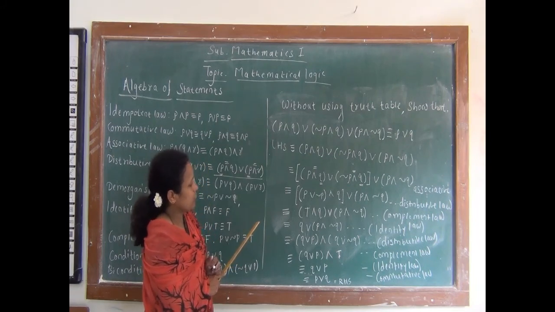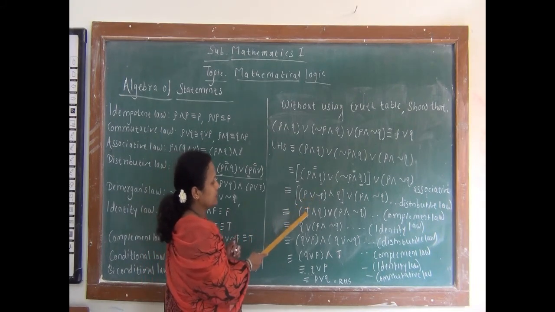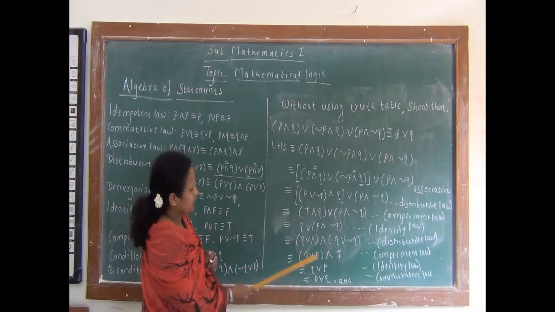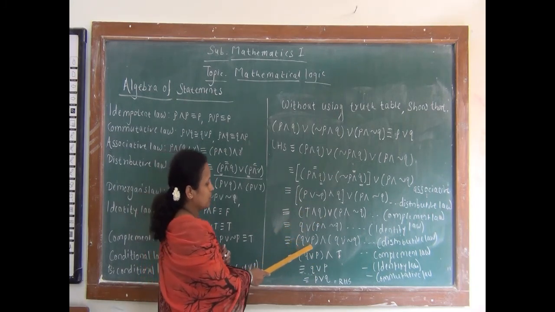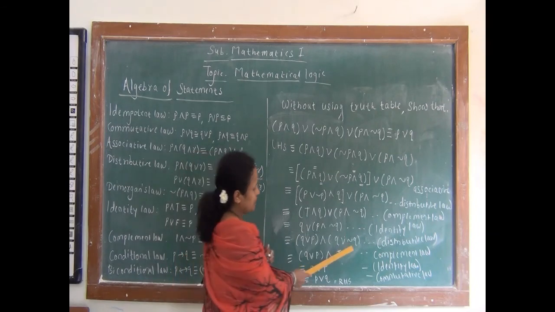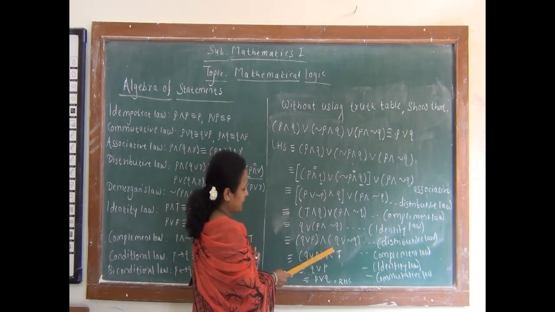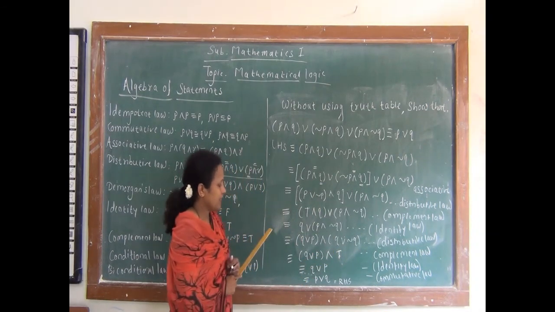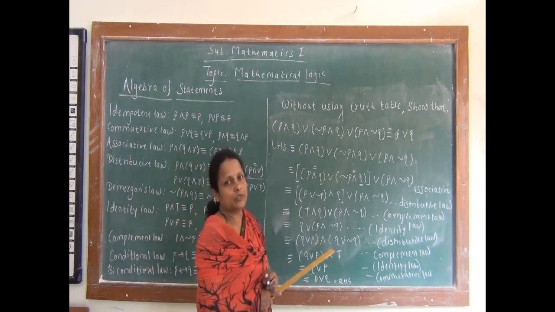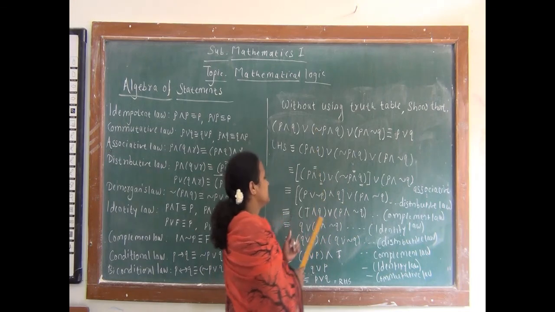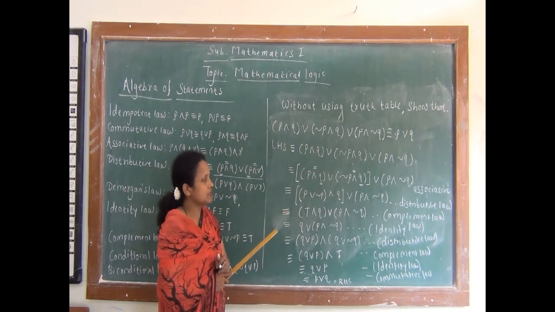Then we use complement law for this first bracket and it gives T. Then we use identity law for this first bracket. Again we use distributive law and then we write here complement law for the second bracket. And finally by using identity law and commutative law we get our RHS. So remember this type of questions which carries 3 marks.